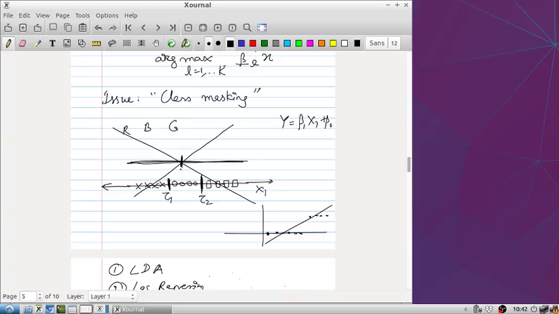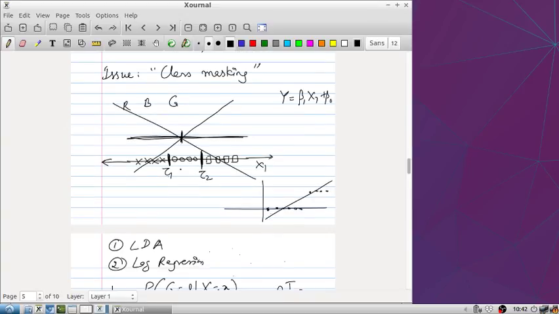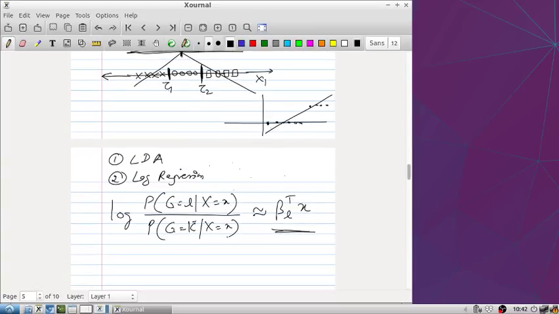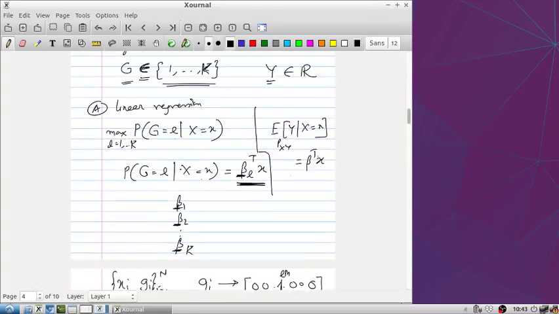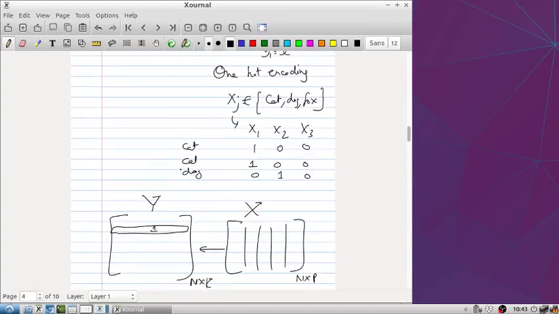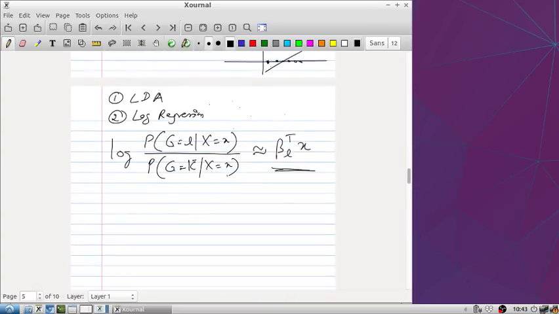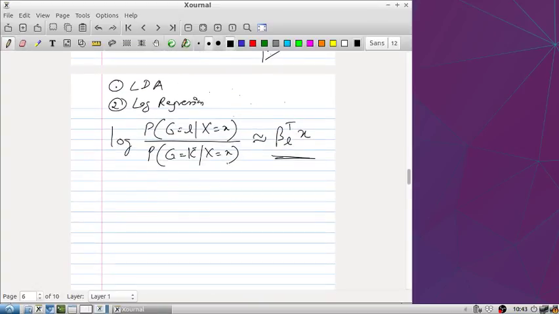To the left of a line, classify something; to the right of a line, classify something else. That's a common feature for linear regression based classification, LDA and logistic regression.